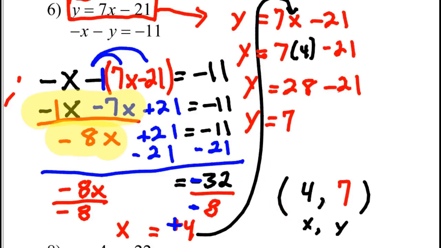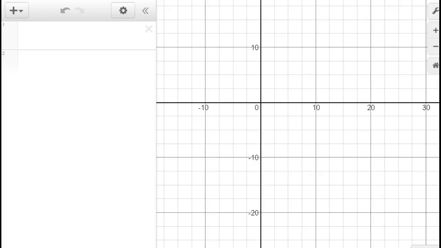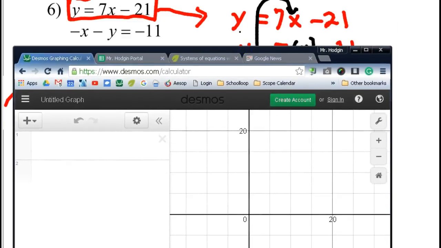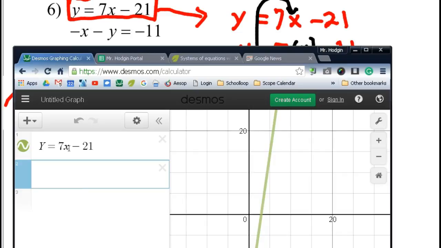And what would it look like if you graph these two lines, by the way? Let's recall from yesterday, we did this as well. If you plug it in, y equals 7x minus 21, and negative x minus y equals negative 11, where do they intersect?